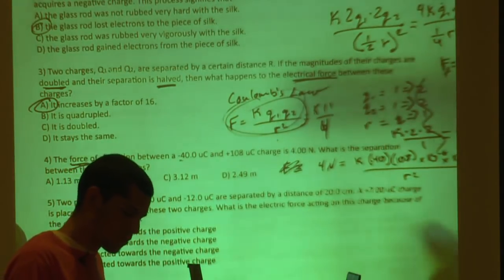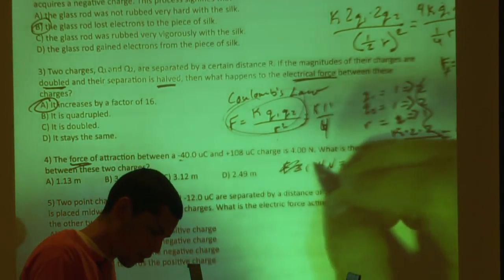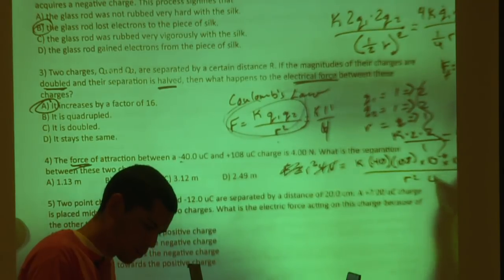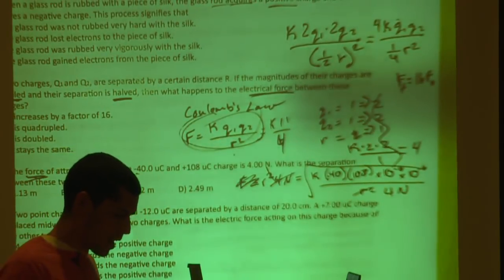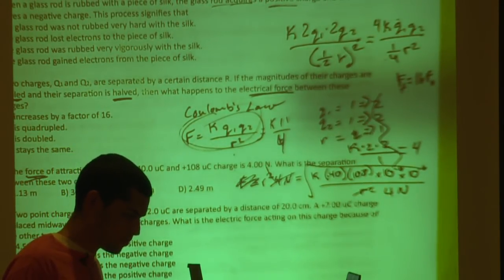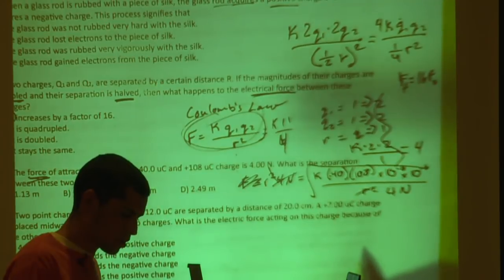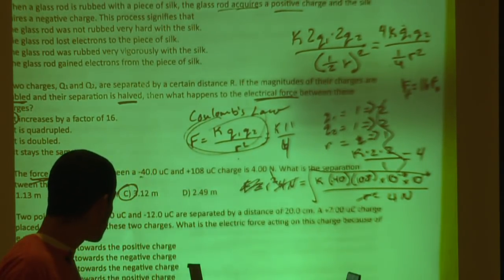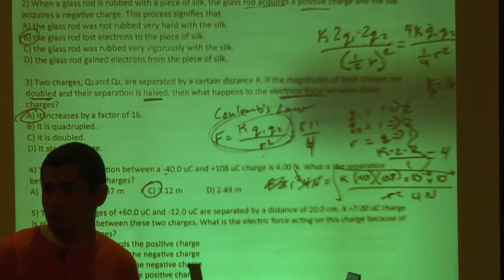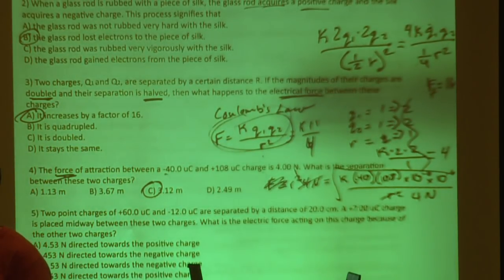So we're going to solve for R by multiplying over the R squared, dividing by the 4 newtons, and rooting all of it. If we work this out, we should get 3.12 meters.